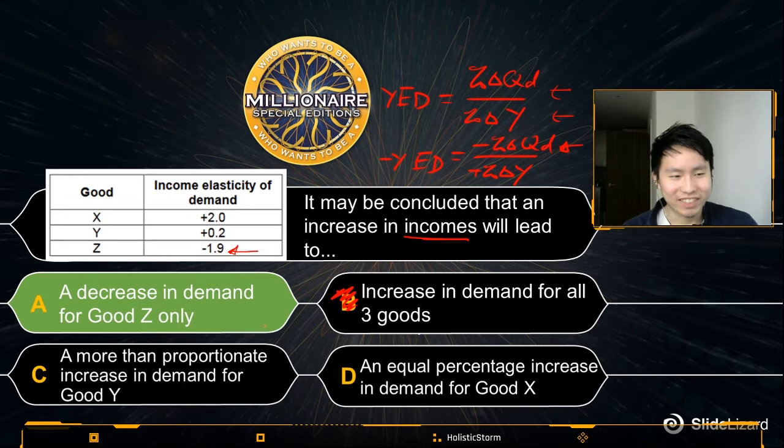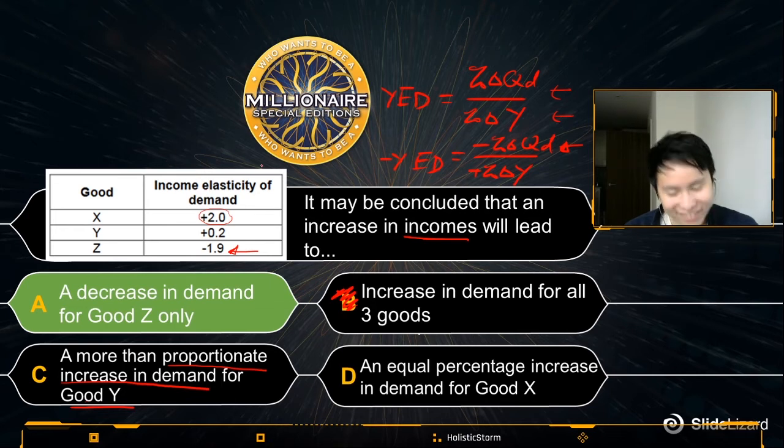And then let's see whether it's C. A more than proportionate increase in demand for good Y. What this is saying is that it would be elastic for good Y. The bigger the number, the more elastic it is.